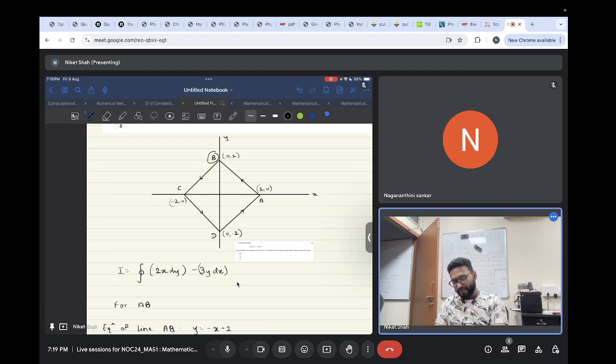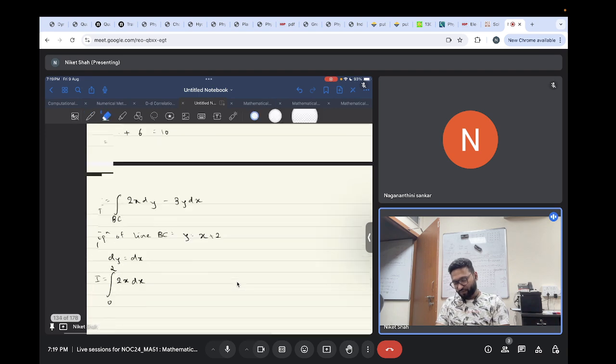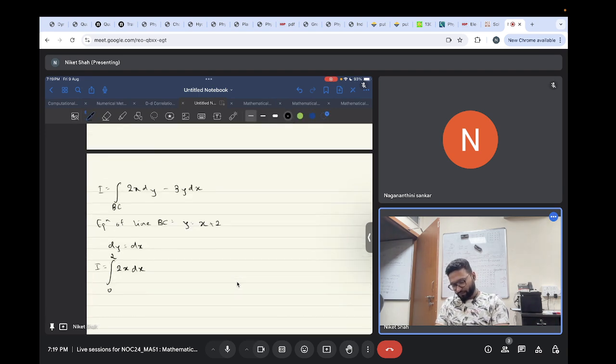So at B the value of x is 0, and at C it's minus 2. Sorry, it goes from 0 to minus 2. Minus 3y dy, dx becomes dy, and here the value of y goes from 2 to 0. It's at some higher value, then it goes lower, 2 to 0. That's the direction of y.